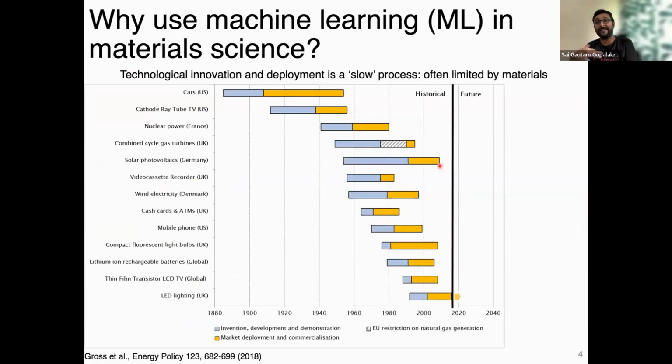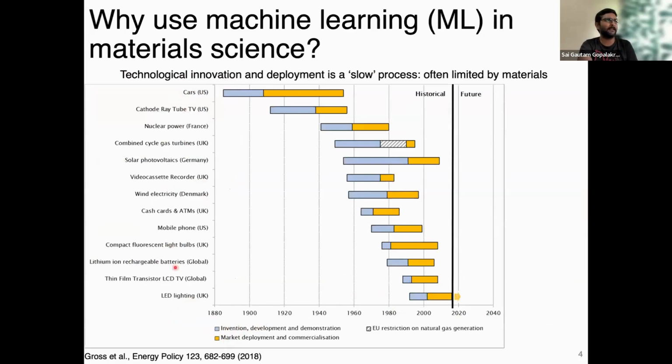Now, the second question is, why care about machine learning when it comes to material science? Now, this graph shows your different technological areas and the time it took for them to go from inventions or prototype stage to eventual market deployment and commercialization. That's indicated by the yellow bars here.